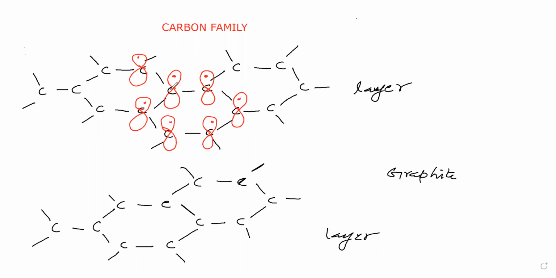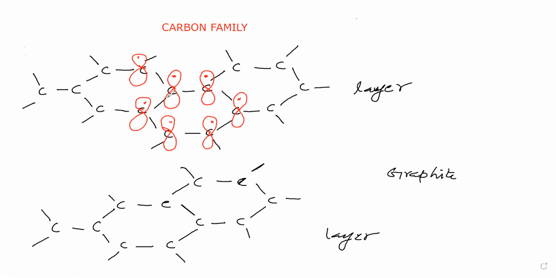This p orbital and this p orbital are parallel. All these red color p orbitals are parallel to each other and perpendicular to the layer. Since they are parallel, they can go for lateral overlapping, sidewise overlapping, resulting in pi bond.